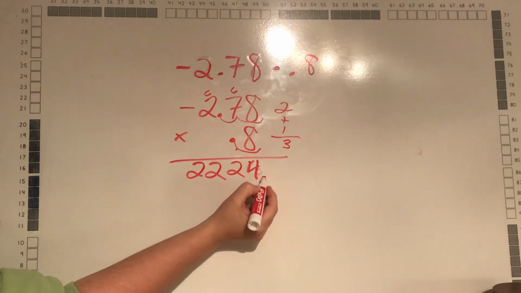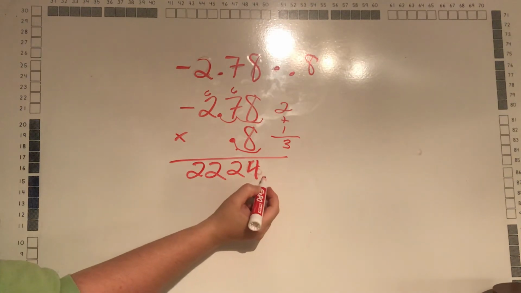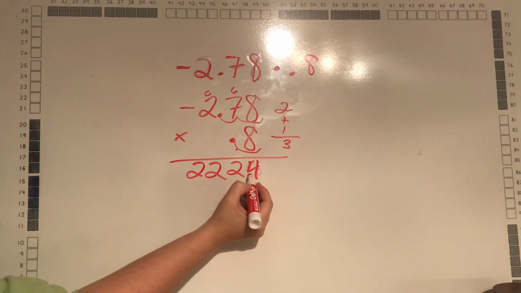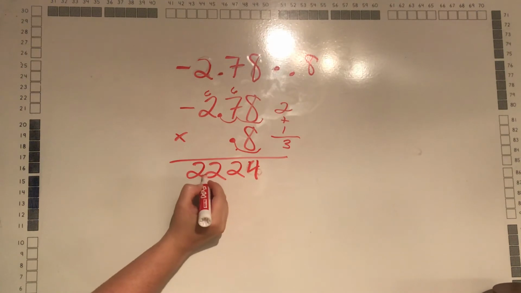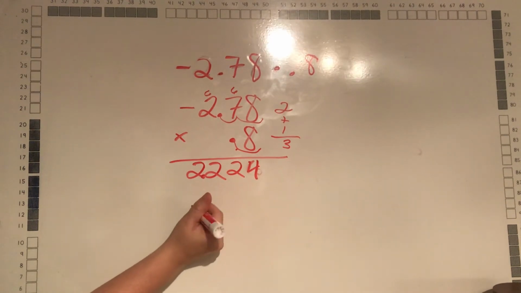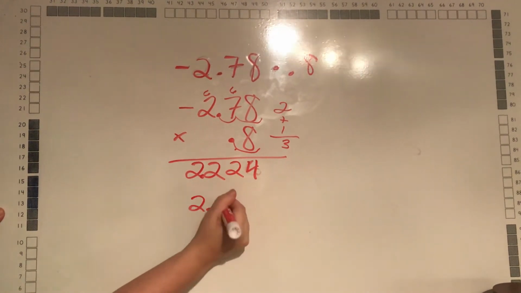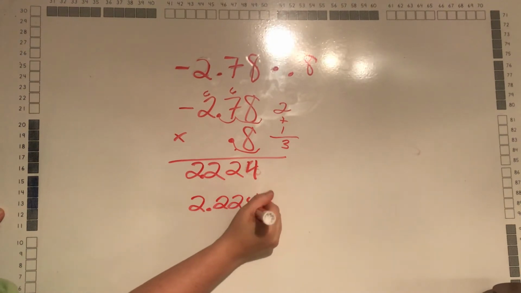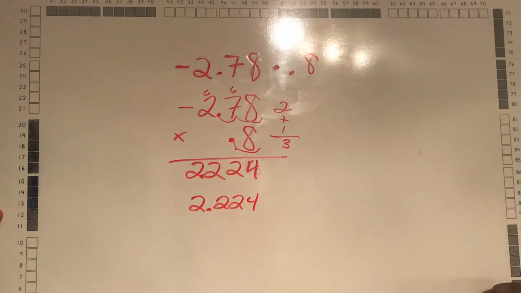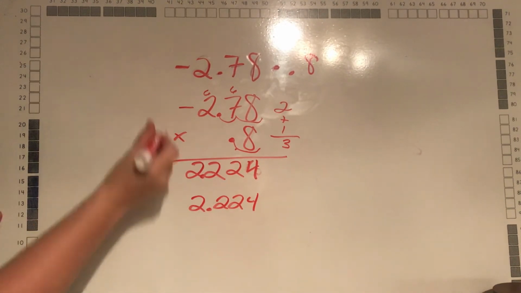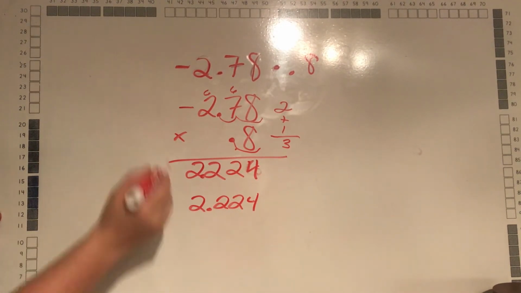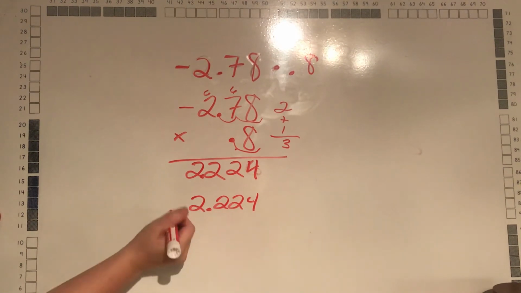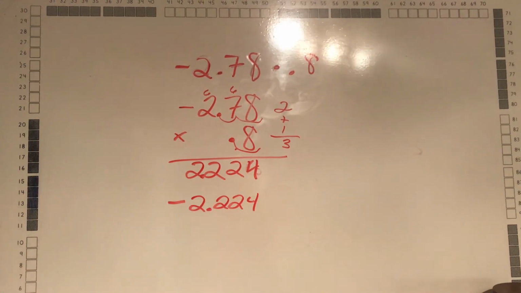We start here at the very end of our number, and we go to the left 3 spots. 1, 2, 3. Giving us an answer of 2.224. And hopefully you've recognized that that answer is incorrect because our multiplication has a negative. So we have one factor that is a negative, which means our answer is also negative.